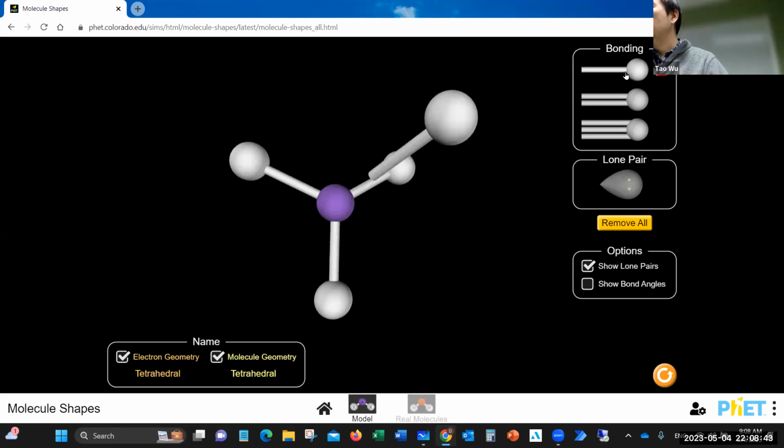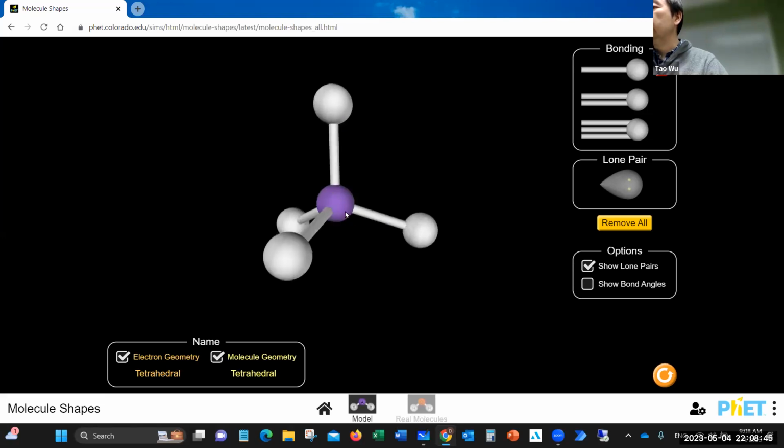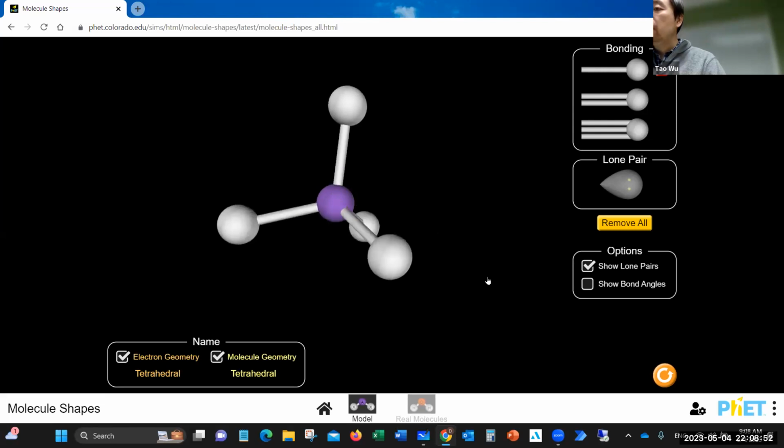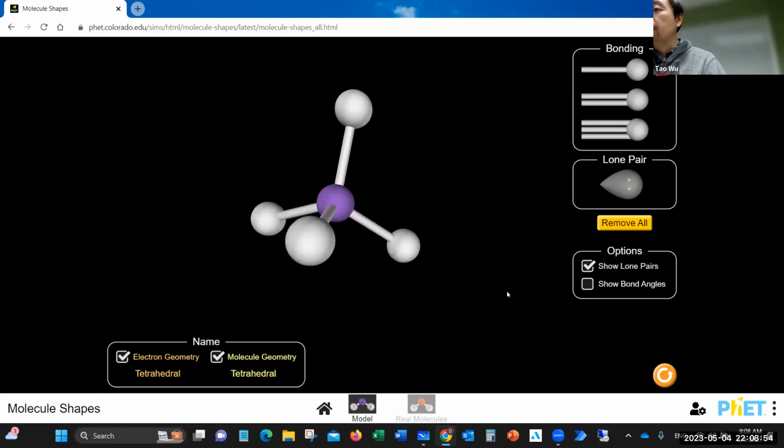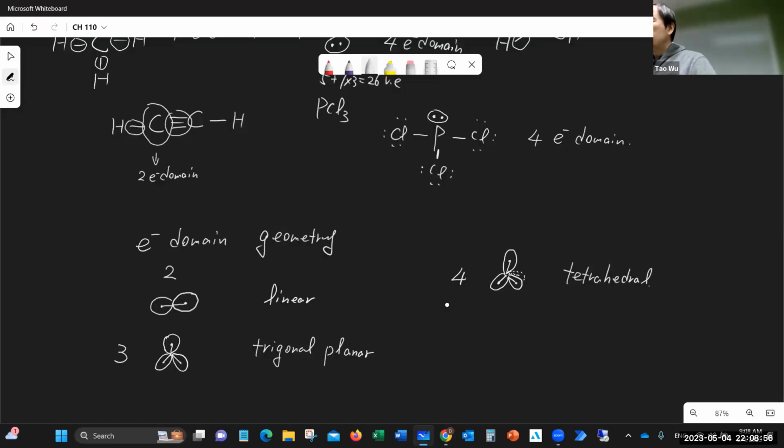So if we have 4 electron domains, the geometry is like this: they have a tripod on the bottom and 1 stick up. Okay, so this is called tetrahedral.